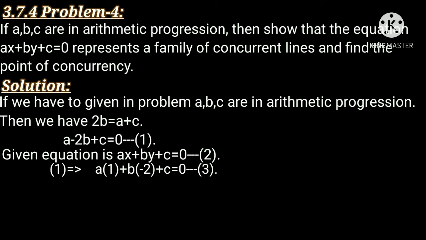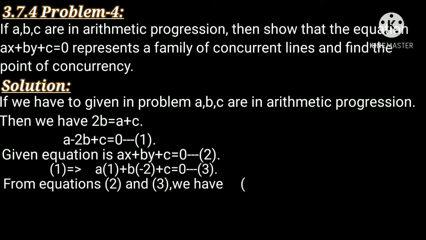On observing equations 2 and 3, we understand that here x equal to 1 and y equal to -2. Then equations 1 and 2 have the point (x, y) equal to (1, -2).